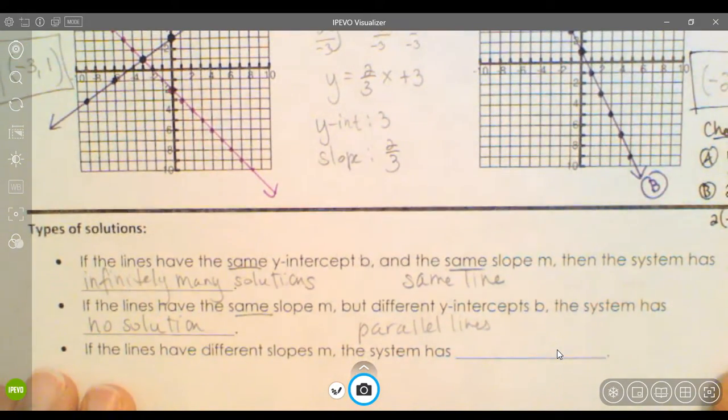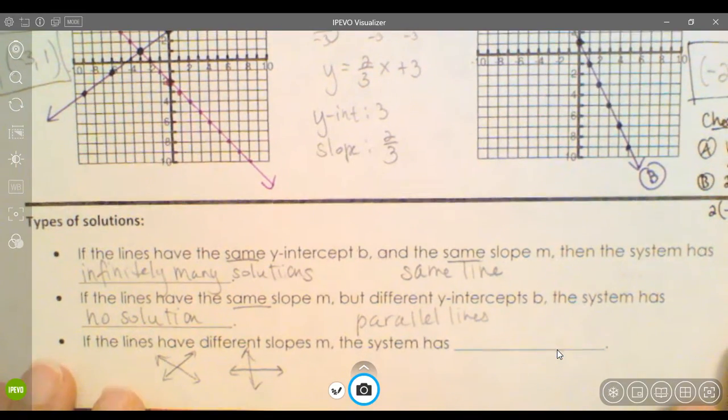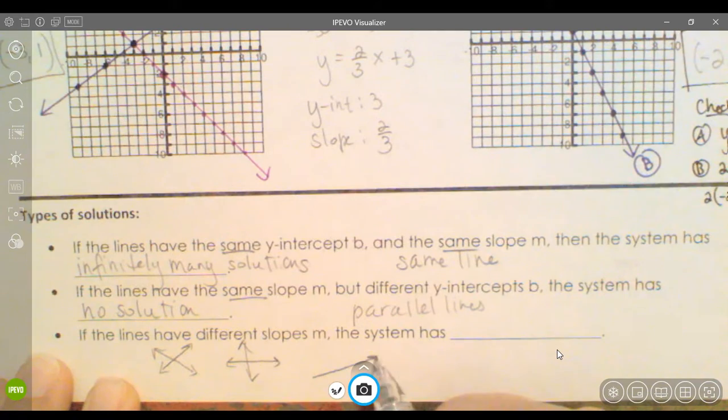If the lines have different slopes m, well, that means one line can travel this way, one can travel that way. You could have an undefined slope with a 0 slope. I could have an almost flat positive with a ridiculously steep positive.